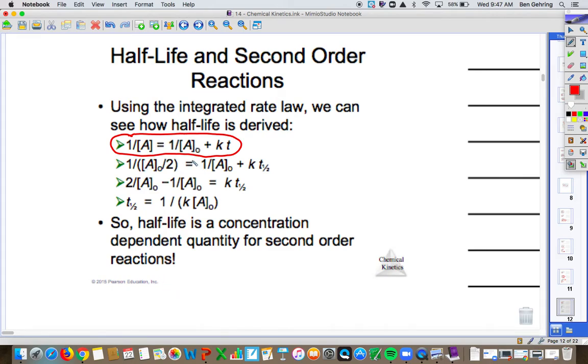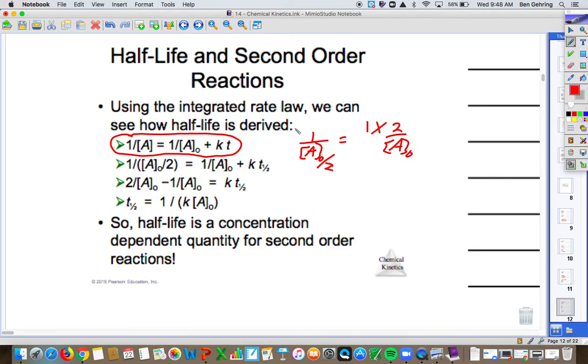So 1 over the concentration of A naught over 2 equals 1 over the concentration of A naught plus kt to the 1/2. I can solve this all for t to the 1/2. So to get t by itself, I have to subtract this to the other side. So I have 1 over the concentration of A naught divided by 2, which is equal to 1 times 2 over the concentration of A naught.